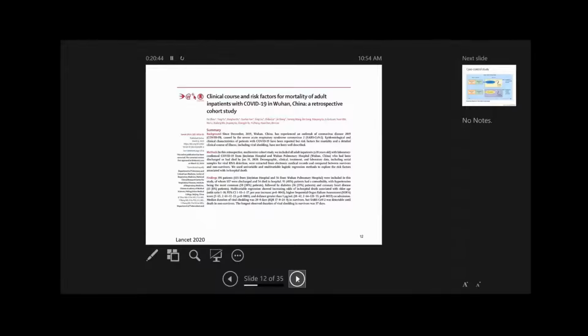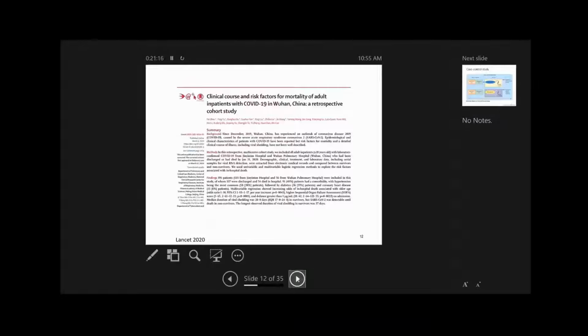Of the 191, 137 were discharged, 54 died. Multivariable regression shows that your risk of dying is higher if you had this versus that, older age versus younger age. This is what a cohort study really does well: quantify the incidence of the outcome, death, recovery, whatever the outcome is, and then do an analysis to say who is more likely to recover versus die, various risk factors, various stratified analyses, men versus women.